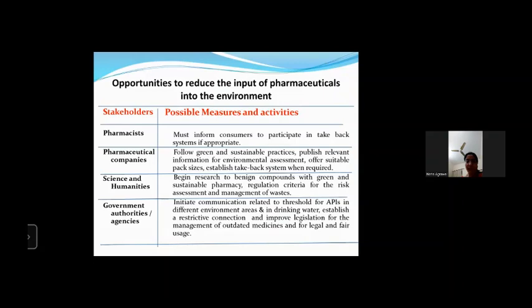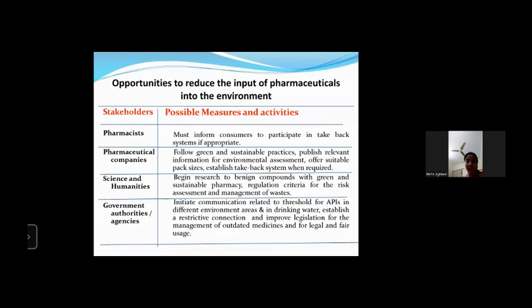The next responsibility is from science and the humanities. These branches must begin research to ban compounds, with green and sustainable pharmacy. They must set regulation criteria for the risk assessment and management of waste. And the next responsibility comes out to be that of government authorities and agencies which handle these production techniques.